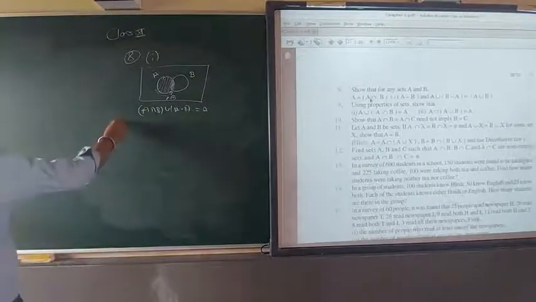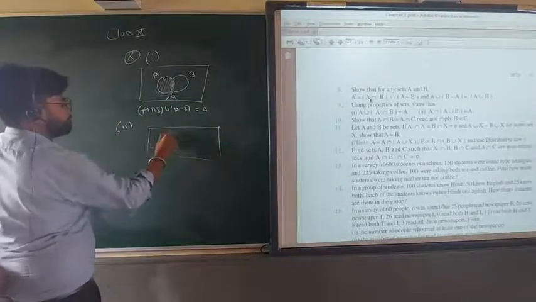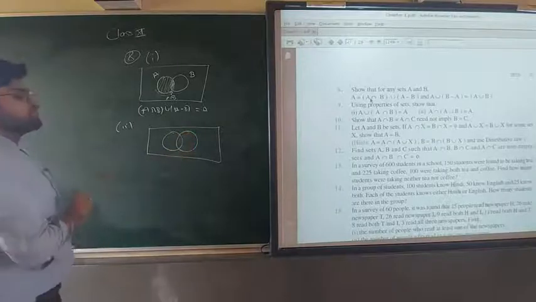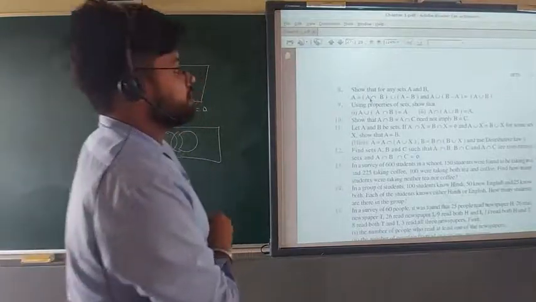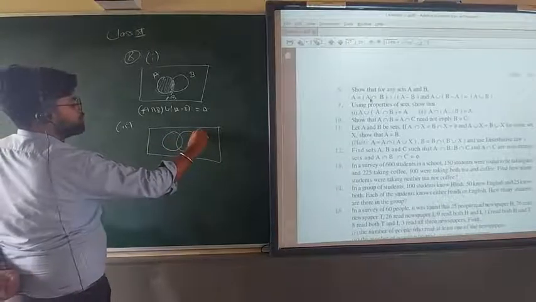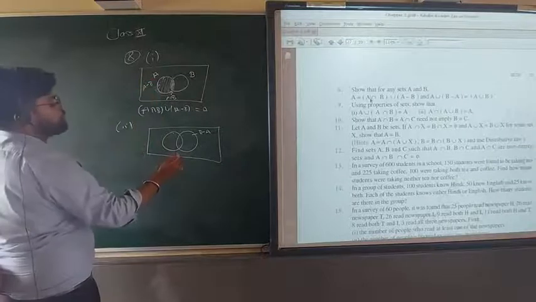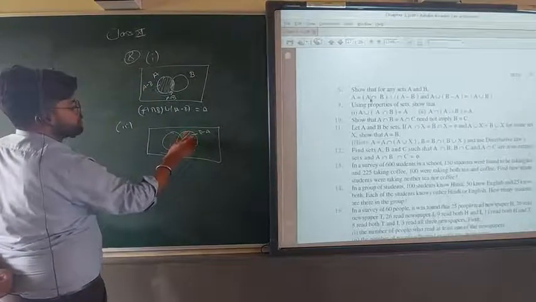Now the second one. The second one is saying A union (B minus A). This will be the part of B minus A, and this is the part of A minus B. So B minus A is this one.